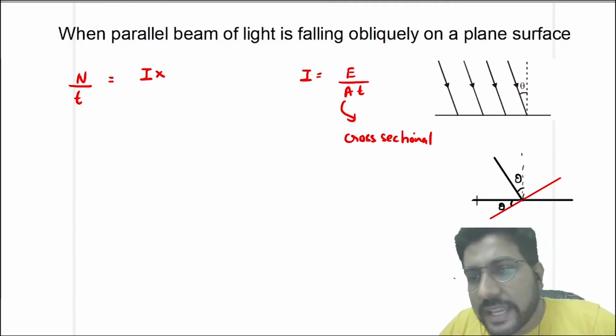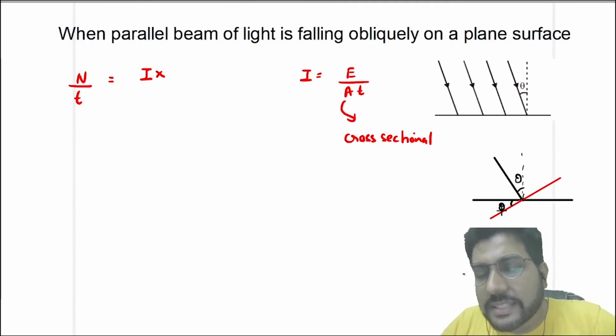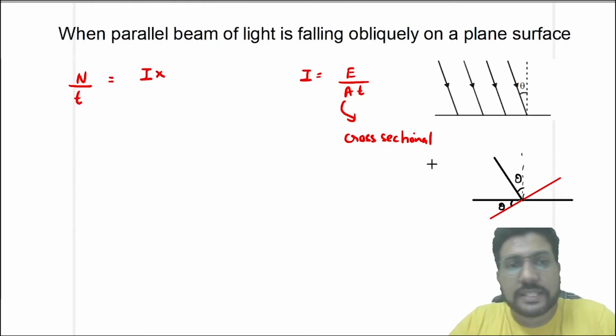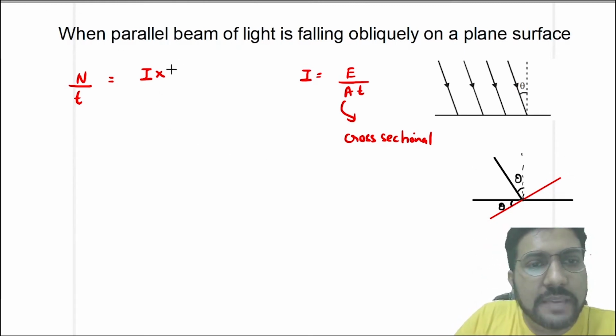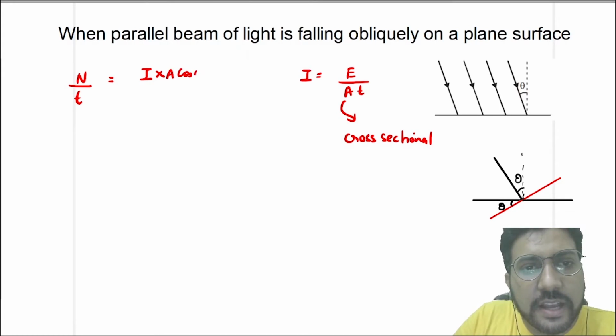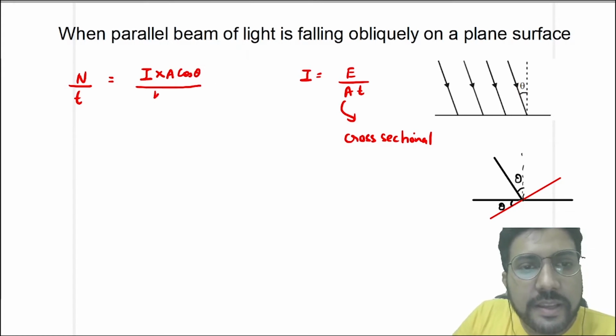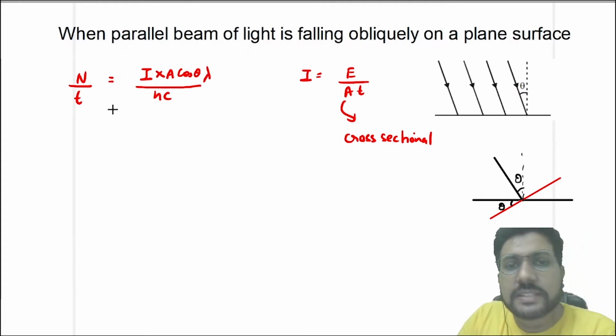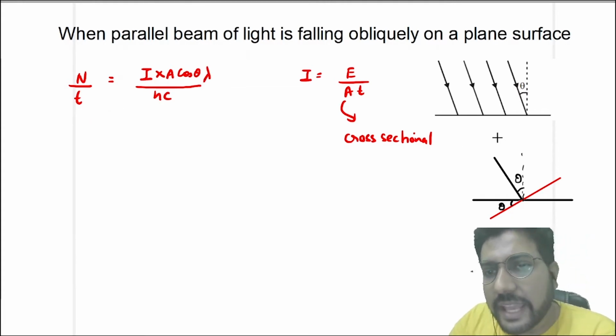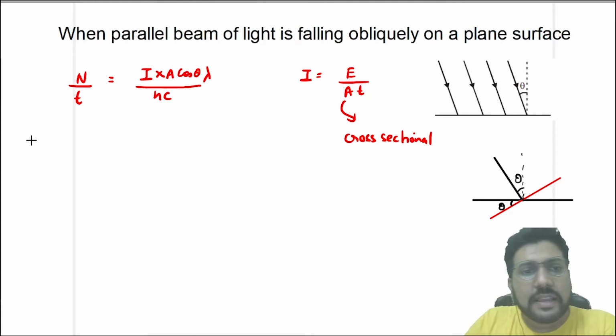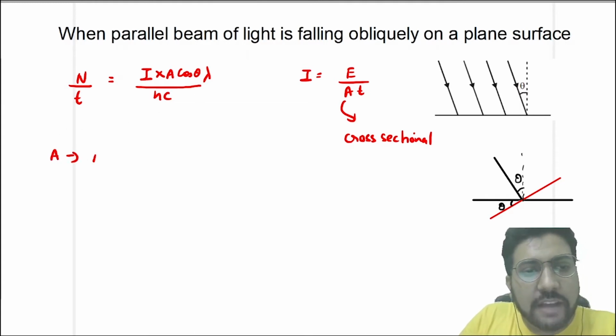So if this area is A, clearly this area is the component, so this is A cos theta. So you will write I multiplied by A cos theta divided by hc by lambda. So this time the area is not A but A cos theta. Here A is the area of the plate.